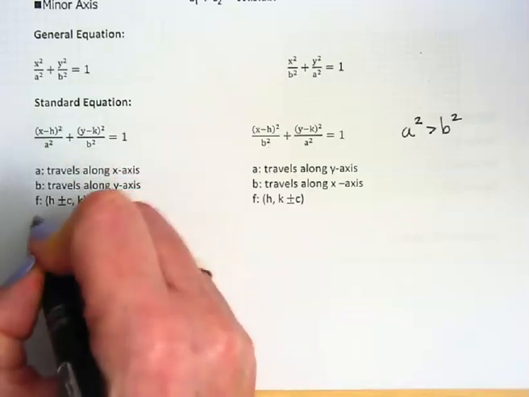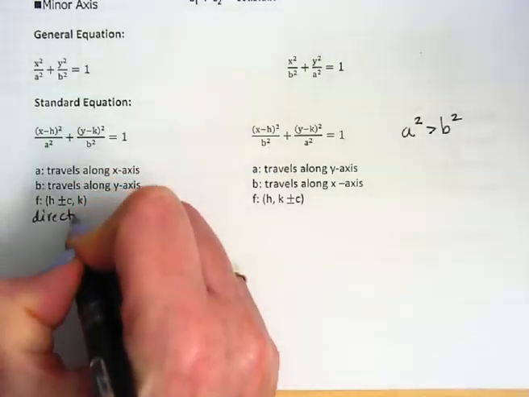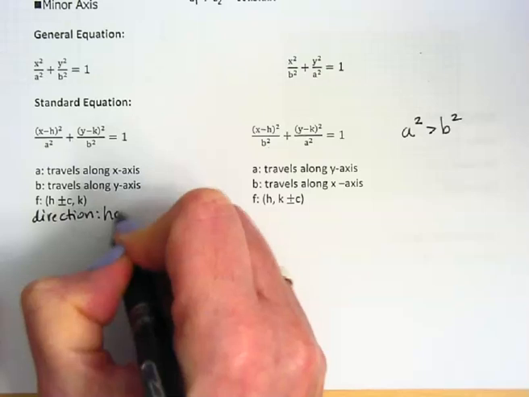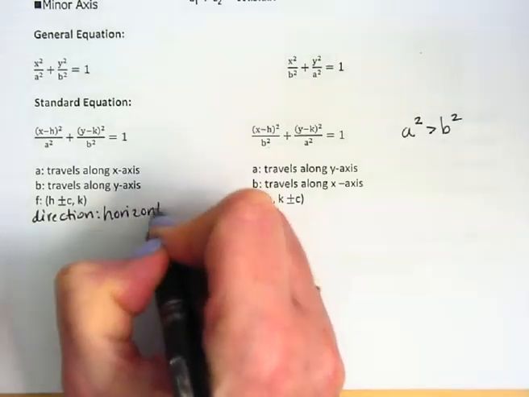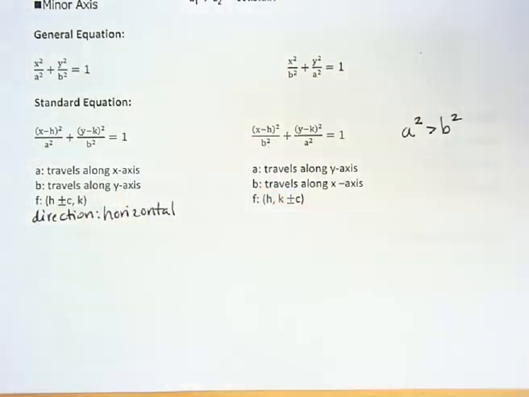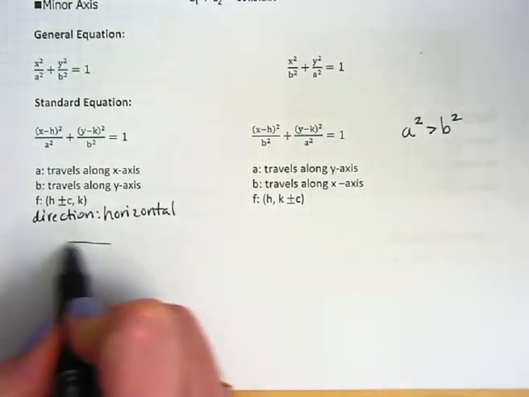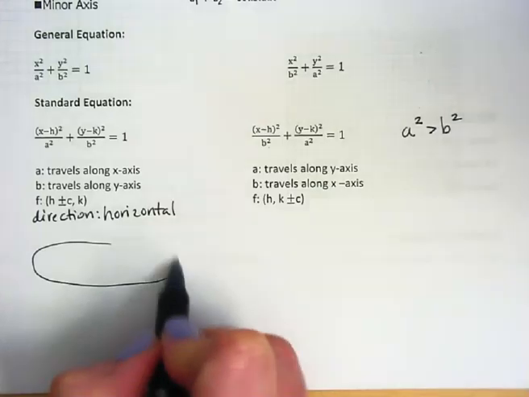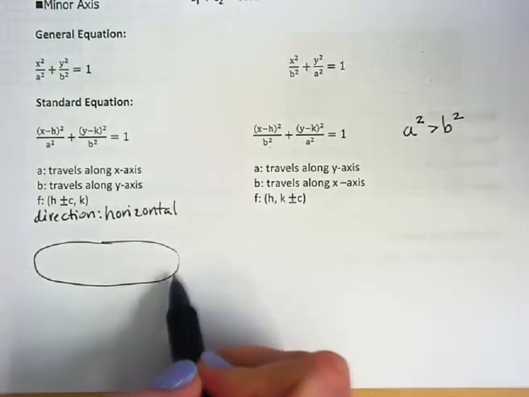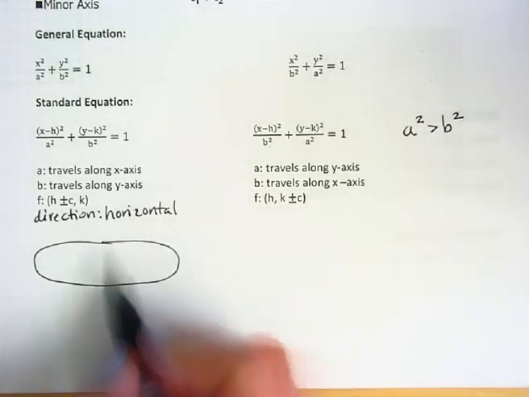So for this form of equation, we're going to have a horizontal orientation for our ellipse, meaning it's going to be stretched longer left and right than it is up and down.